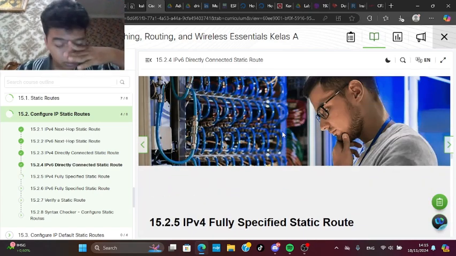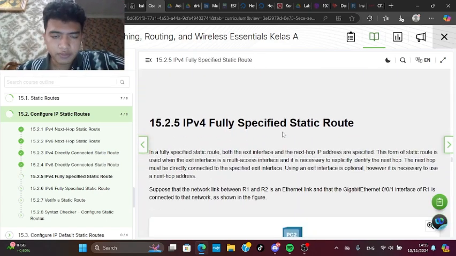Okay, and then we continue to IP version 4 fully specified static routes. In a fully specified static route, both the exit interface and the next hop IP address are specified. This form of static route is used when the exit interface is a multi-access interface and it is necessary to explicitly identify the next hop.